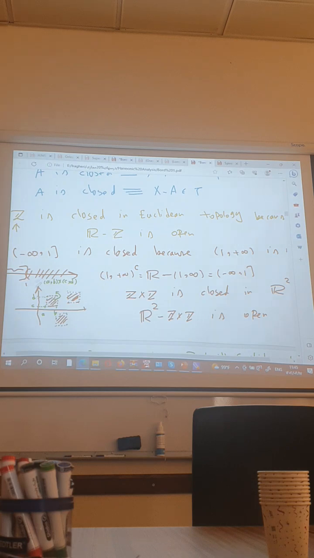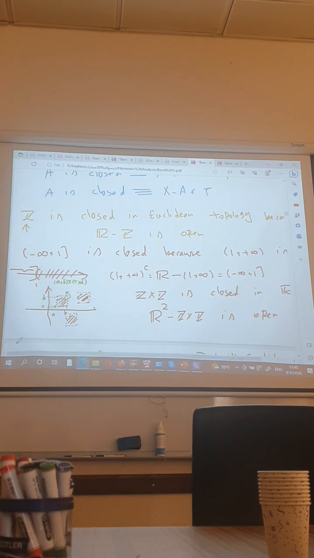Okay? For example, if you consider this set, what is the complement of this? It is this set, okay? So that this is a closed set because its complement is an open set.